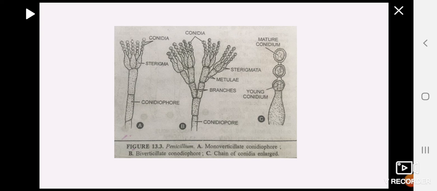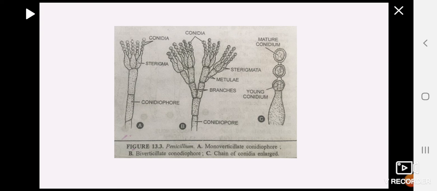And second, you can see here biverticillate type conidiophores, which are branched. So branching may be twice or thrice or more. So in these branched conidiophores, their ultimate branches are called medullae, and each medulla bears a number of bottle-shaped sterigmata.